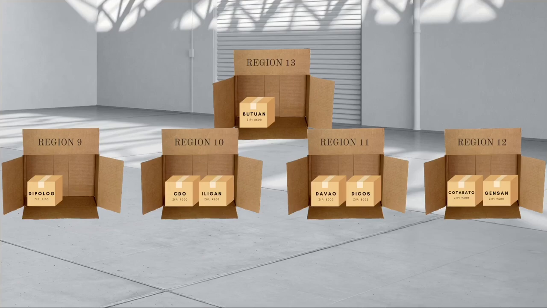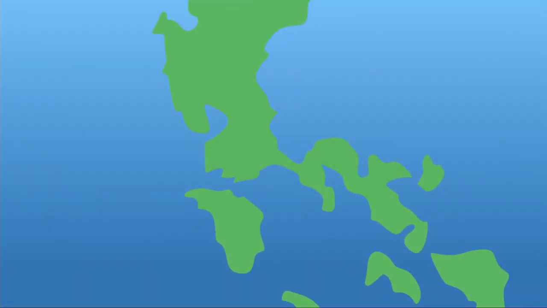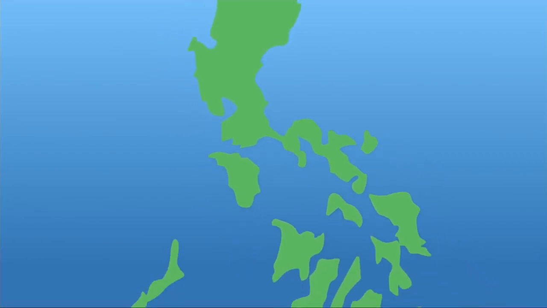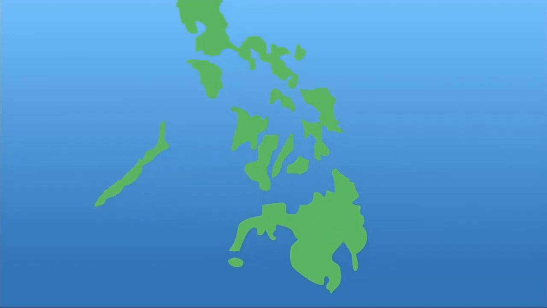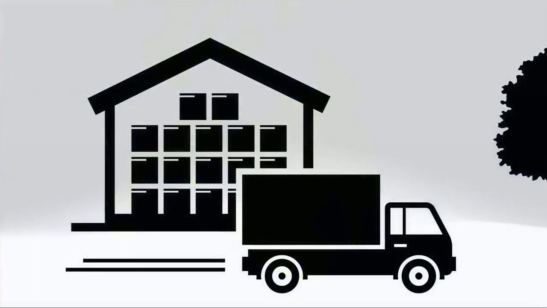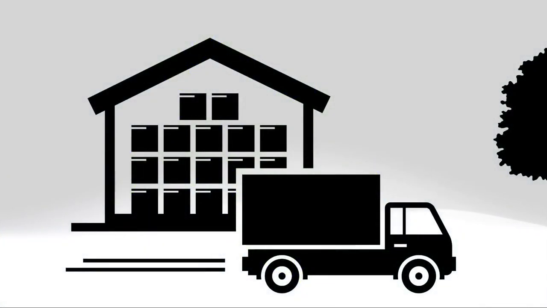Now, with all packages sorted and organized in their respective buckets, they are ready to be dispatched across the country. From the central warehouse in NCR, they embark on their final journey. So it goes to Mindanao, and a delivery truck loaded with sorted packages from the warehouse sets off on its route.